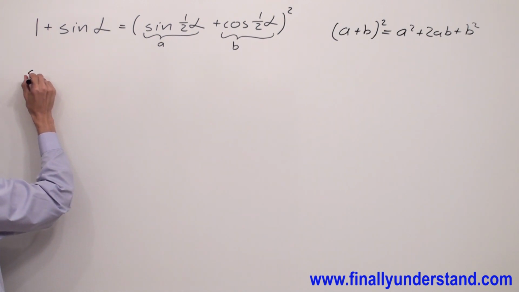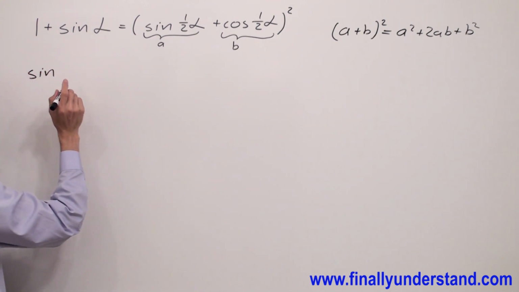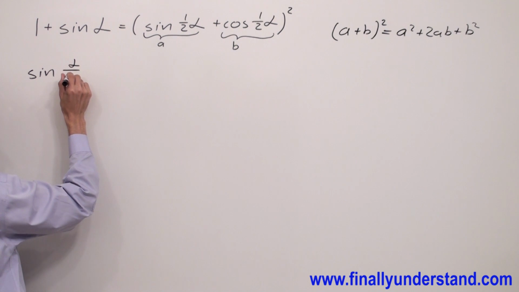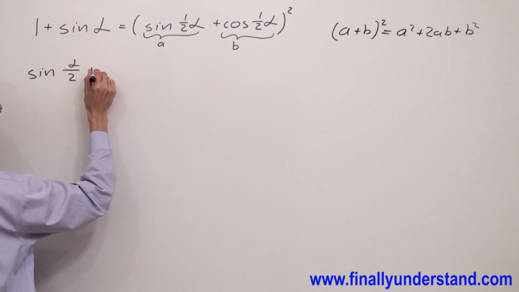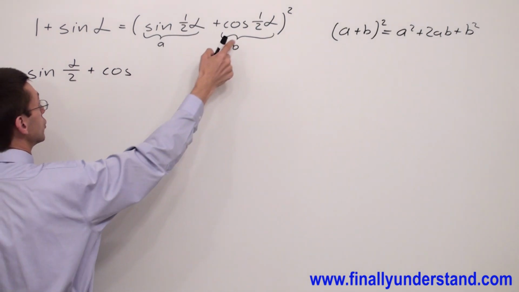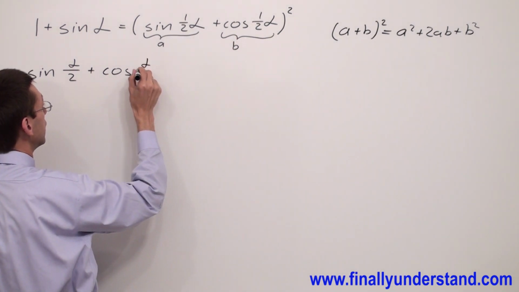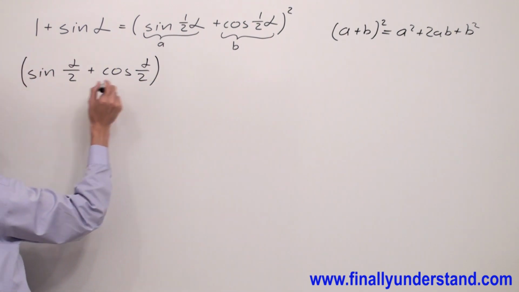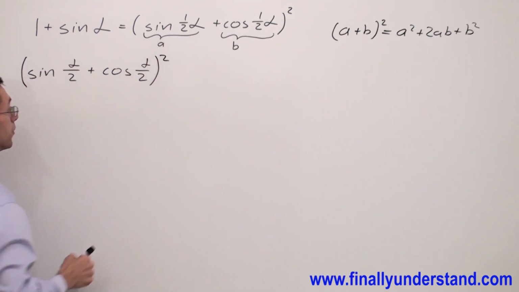I have sine half of alpha. That's why I'm going to write this angle like alpha over 2, plus cosine, the same situation we have over here, alpha over 2. And everything is raised to the second power.